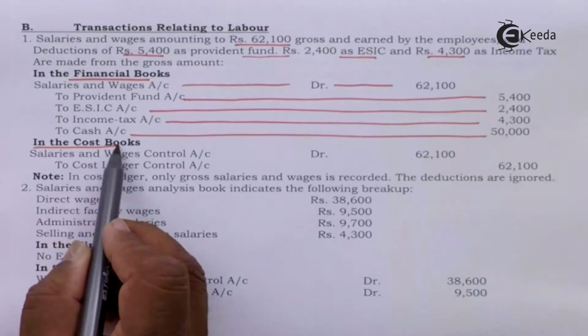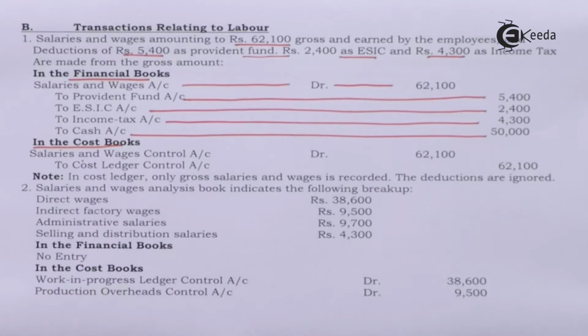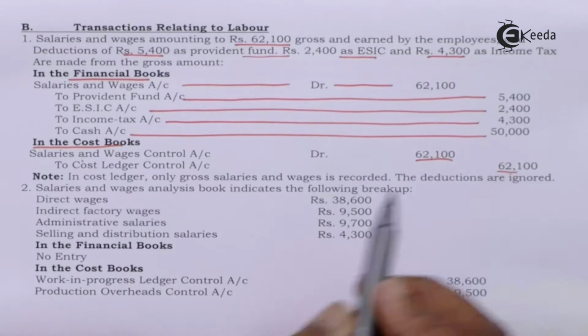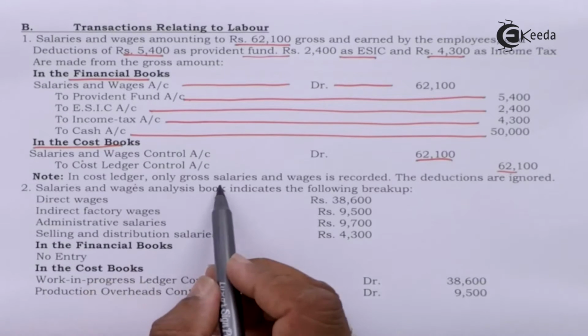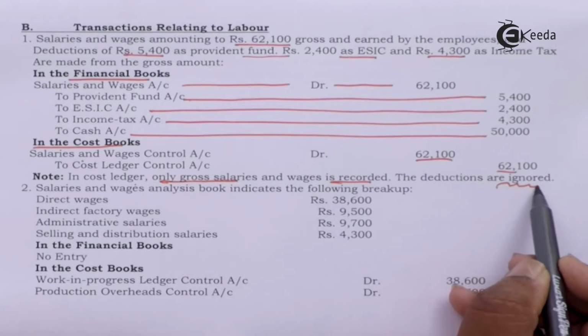In cost book, when we record this entry, our entry will be salaries and wages control account debit to cost ledger control account 62,100. In cost ledger, only gross salaries and wages is recorded. The deductions are ignored.